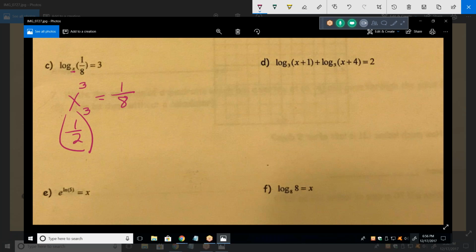And notice that 1/2 cubed is 1/8. 1/2 times 1/2 is 1/4, times another 1/2 is 1/8. So when you square or cube fractions, they get smaller. They don't get bigger. And that's what throws most people off. Okay. So x is 1/2.